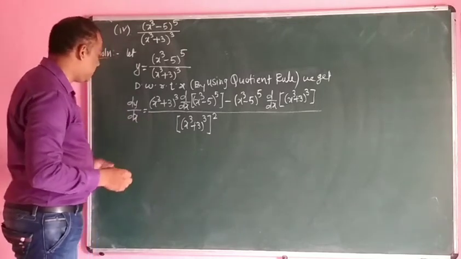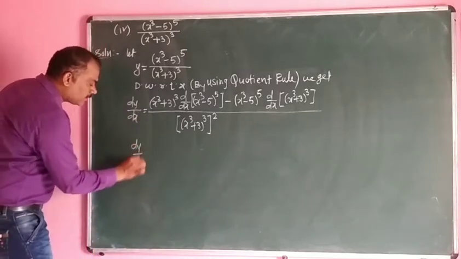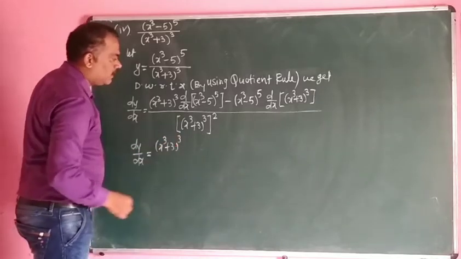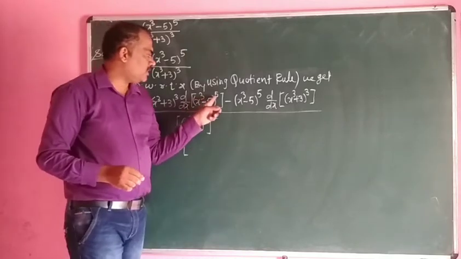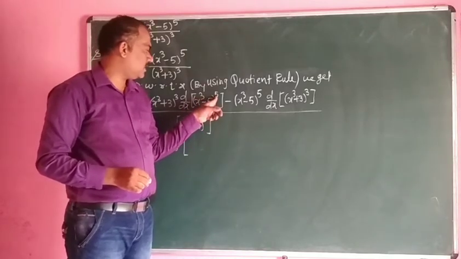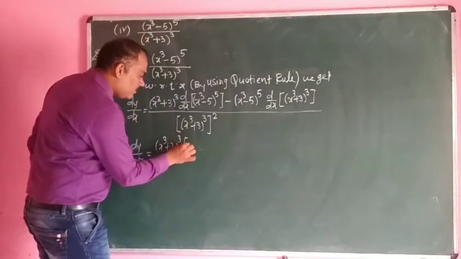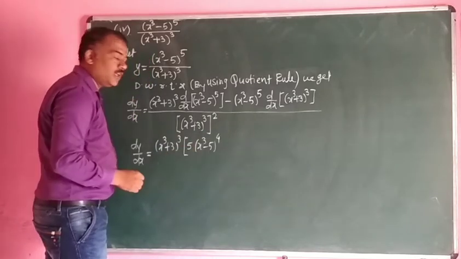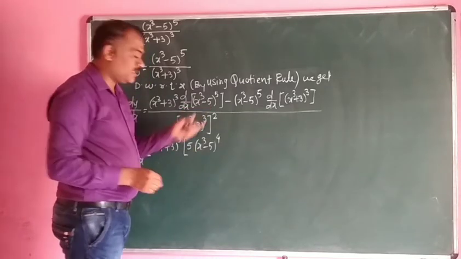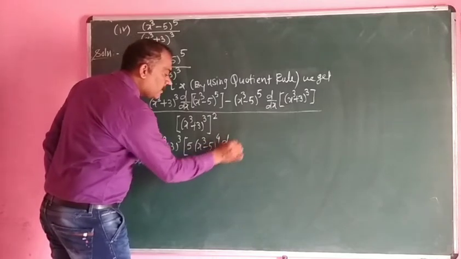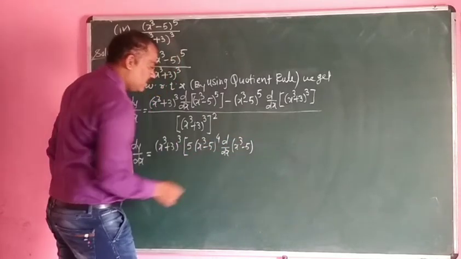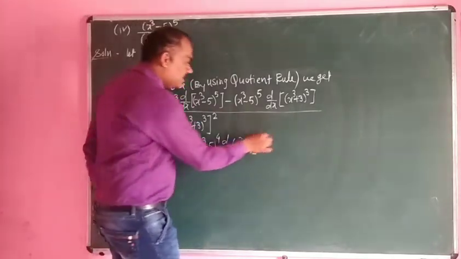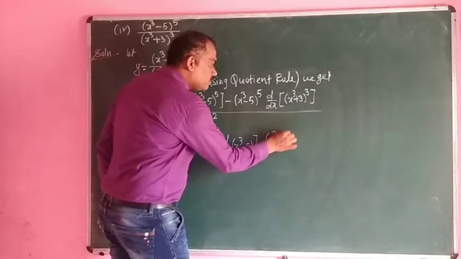Now we have to take the derivative. dy by dx is equal to x cube plus 3 raised to 3 into, now here the power is 5, again by using the derivative of the power function, we take the power as it is, and from the power we minus 1, that is 5 minus 1, 4, into derivative of x cube minus 5, that is d dx of x cube minus 5. Here the bracket is complete. Minus x cube minus 5 raised to 5 as it is.